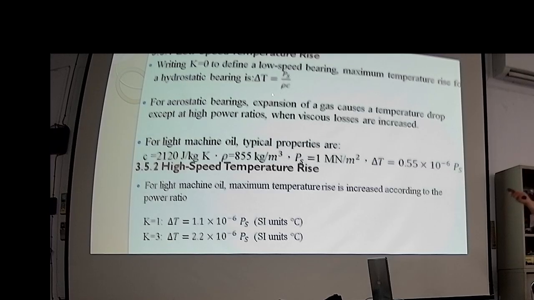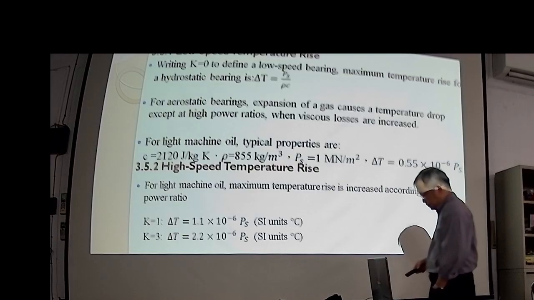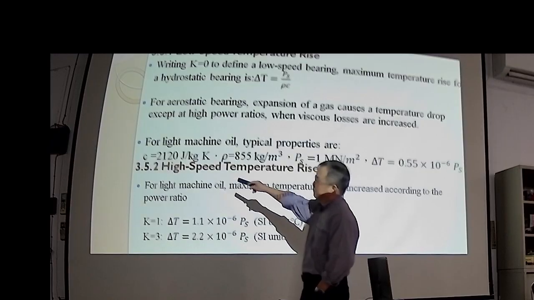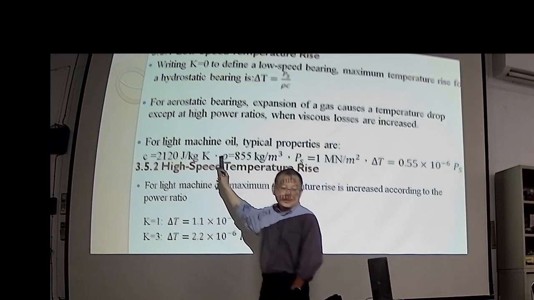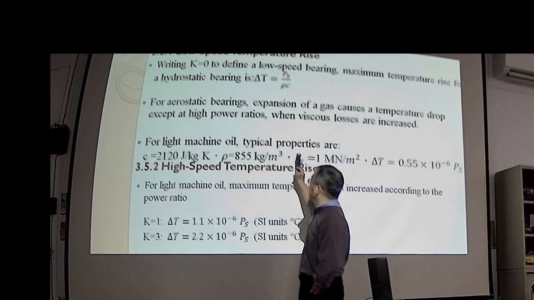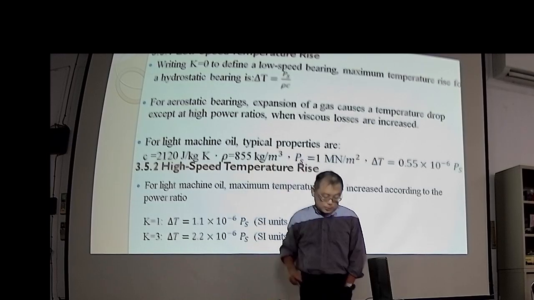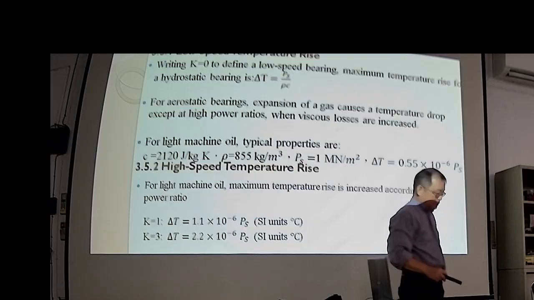So we have a delta T equal to PS divided by rho multiplied by B. So if we know the numerical data for each constant, then we can calculate the temperature rise from the bearing system.